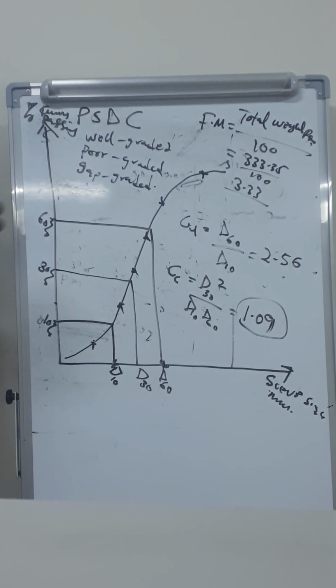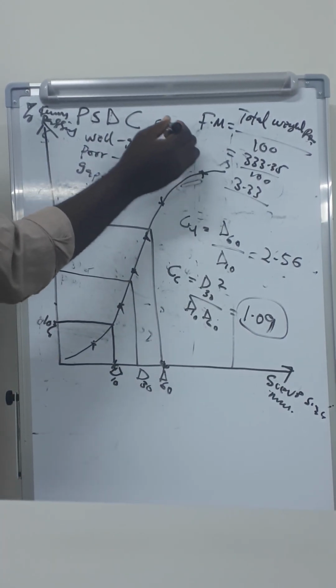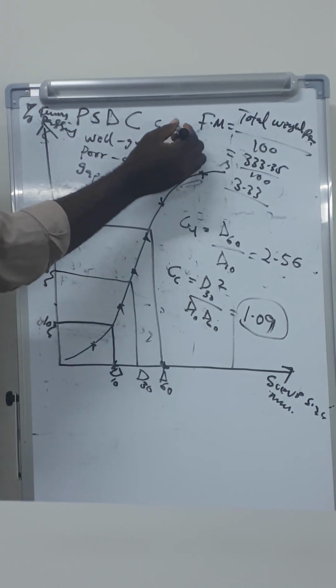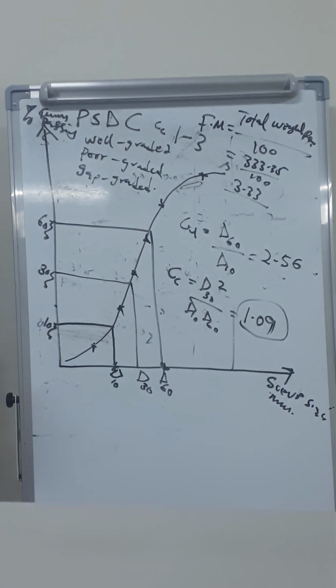If it's well graded, the value of Cc will be between 1 and 3.